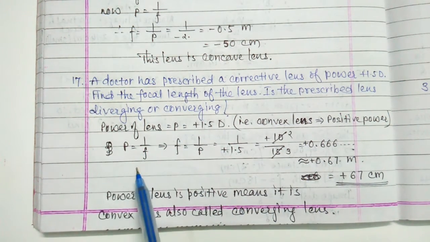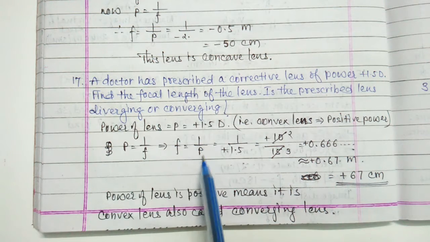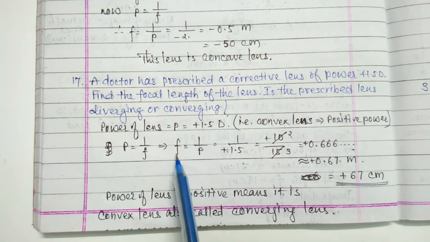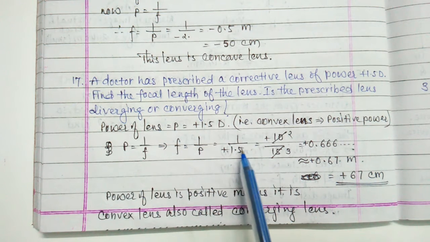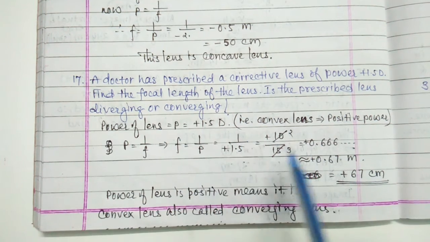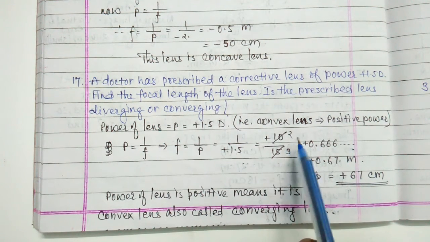So P is equal to 1 upon f. So f is equal to 1 upon P because we have to find focal length. So 1 upon plus 1.5, that is 15 upon 10, so 10 goes up, plus 10 upon 15, so it is plus 2 upon 3.